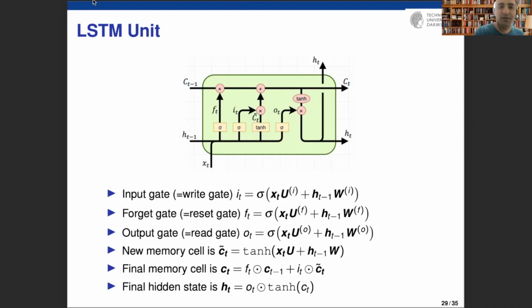What I would like you to do is to sit down and go for the extreme cases. Check what happens if each of these gates would be 0 or 1, and then try to understand how LSTM helps you to avoid vanishing gradients in RNNs.